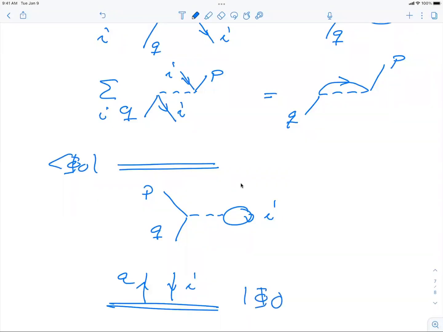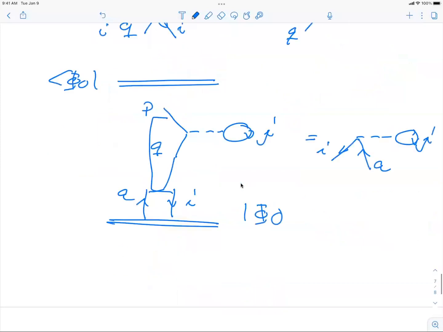And then I perform the contractions with this one and that one, and that gives me the following diagram. I, and then I have the state. So now I should be a little bit careful because I should put a J here because it's not the same. So I have an I state here, and I have an A state coming in here. So this is how I would write that specific contribution.